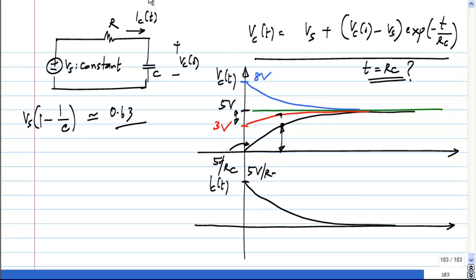Similarly when it starts from 3 volts, what is the initial current? 2 volts by R, and that also goes to 0. And when it starts from 8 volts, it is minus 3 volts by R, and that also goes to 0, with the same time constant, of course. So the currents through capacitors eventually become 0 with constant inputs.